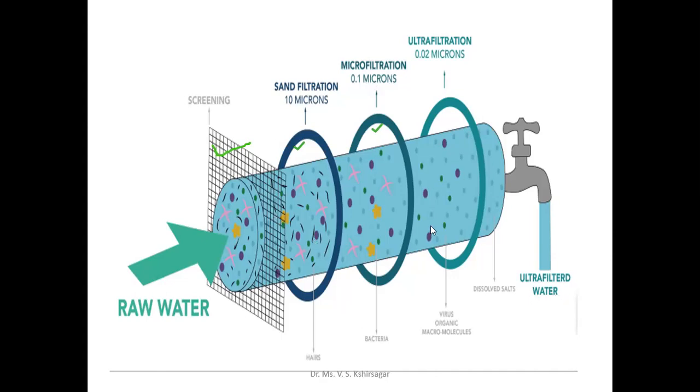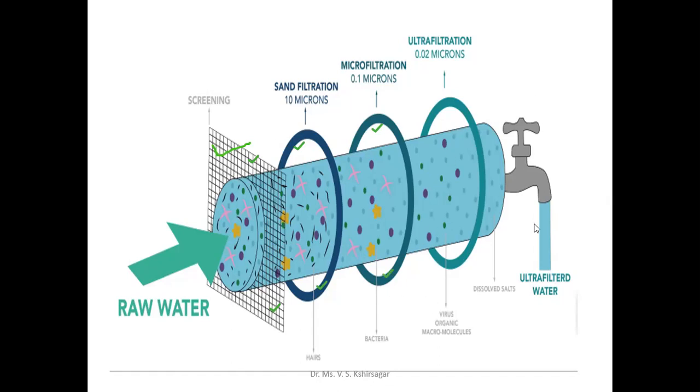So here, one more point I would like to explain. You can see that at the start, a screen is provided, then a sand filter, then a microfilter. Why do we need to go through these stages?